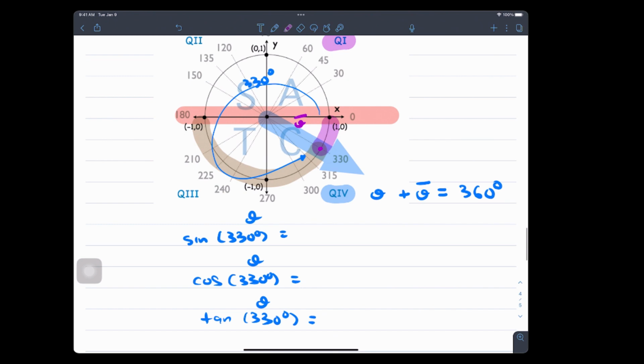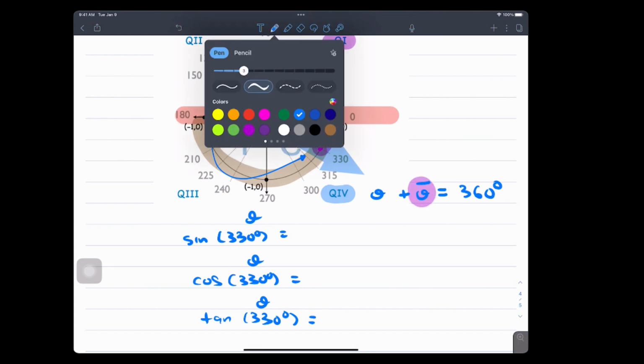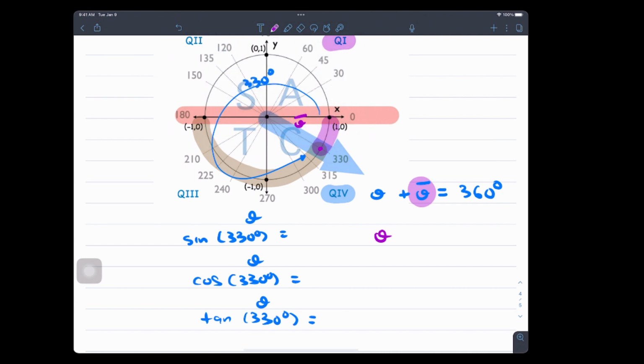How do you get the reference here? Anybody know a little bit of algebra? What's your reference? 360 degrees minus what? Theta. So, ladies and gentlemen, these equations are all associated with your what? Reference angle.